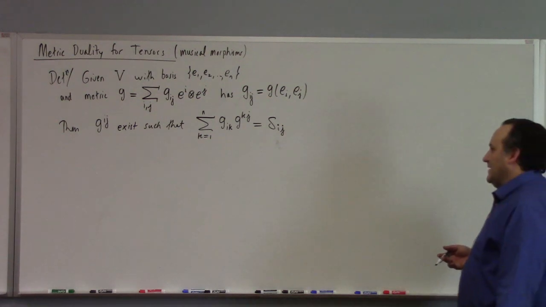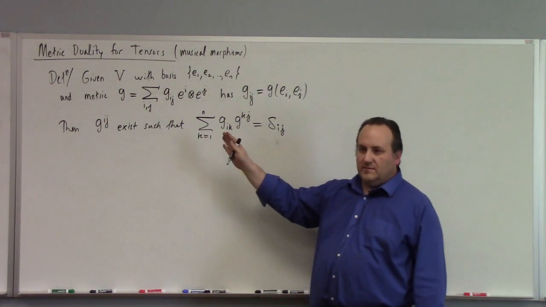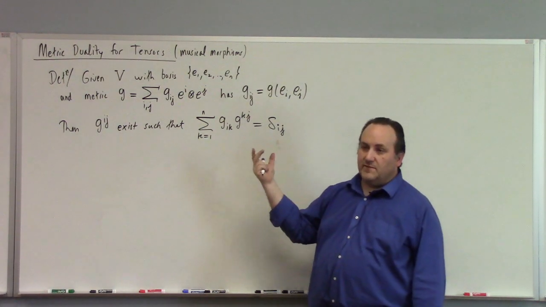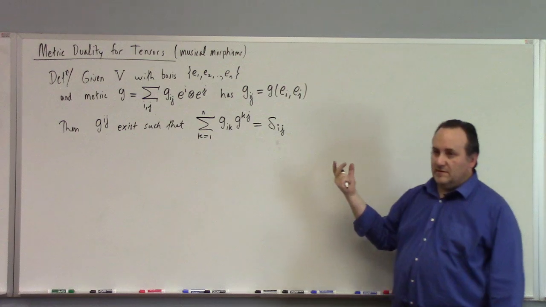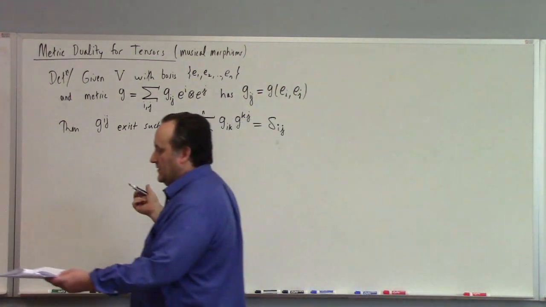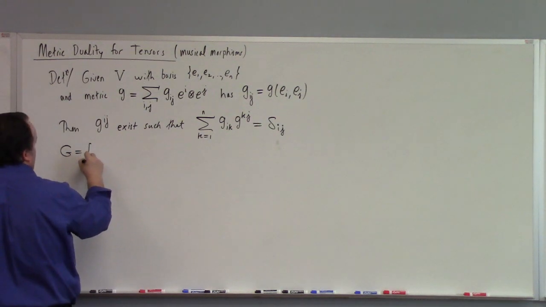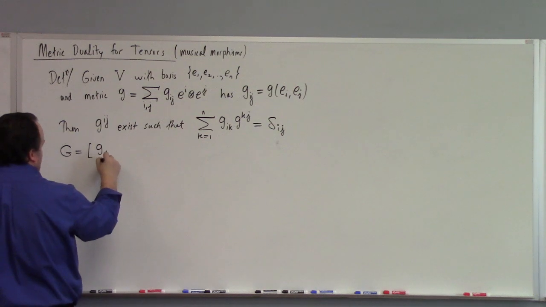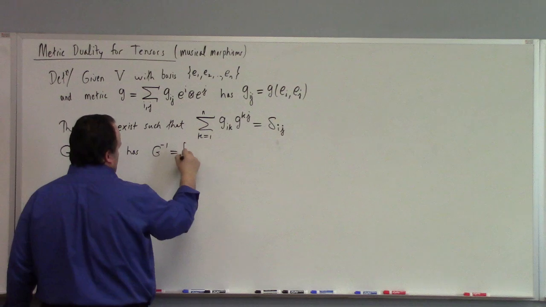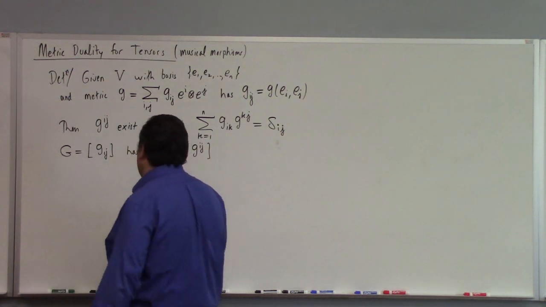So what I'm trying to say is that this G upper ij, if we think of them collectively as a matrix, is the inverse matrix to the matrix of the metric. If I define big G equal to the n by n matrix with components Gij, it has G inverse as the n by n matrix with components G upper ij.